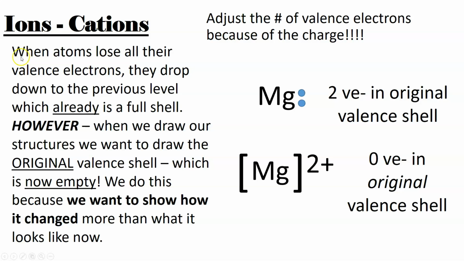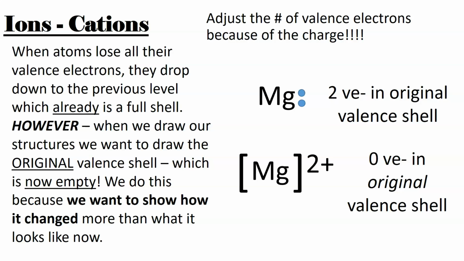The thing that's important to remember is that if we lose all their valence electrons, they're going to drop down to the previous level, which is already a full shell. So for example, magnesium has 2 valence electrons normally. It has 12 electrons total. If it loses these 2, it's going to drop down and it's going to look kind of like neon, right? It's going to have 10 total.